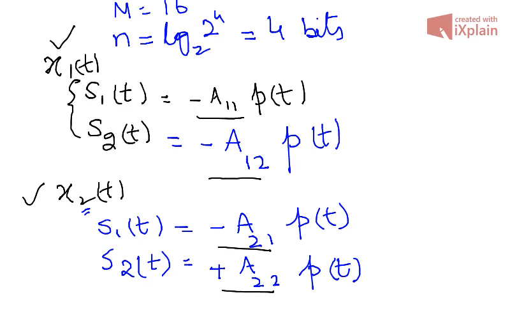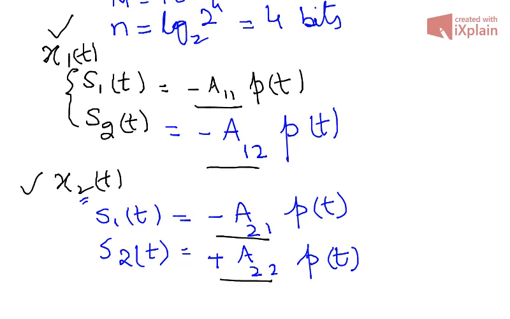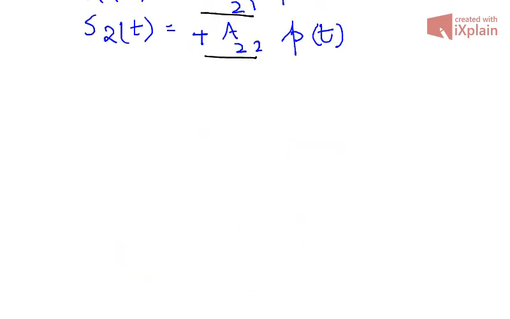We can generalize it. Instead of writing it this way for each one, we can rewrite this in a more compact form. Our S1 of t in general, this is for the second time interval, right?